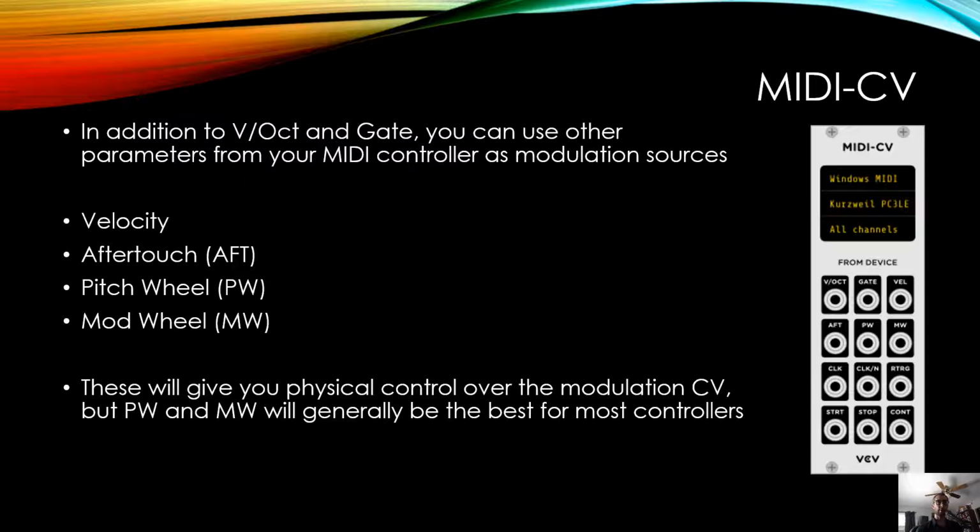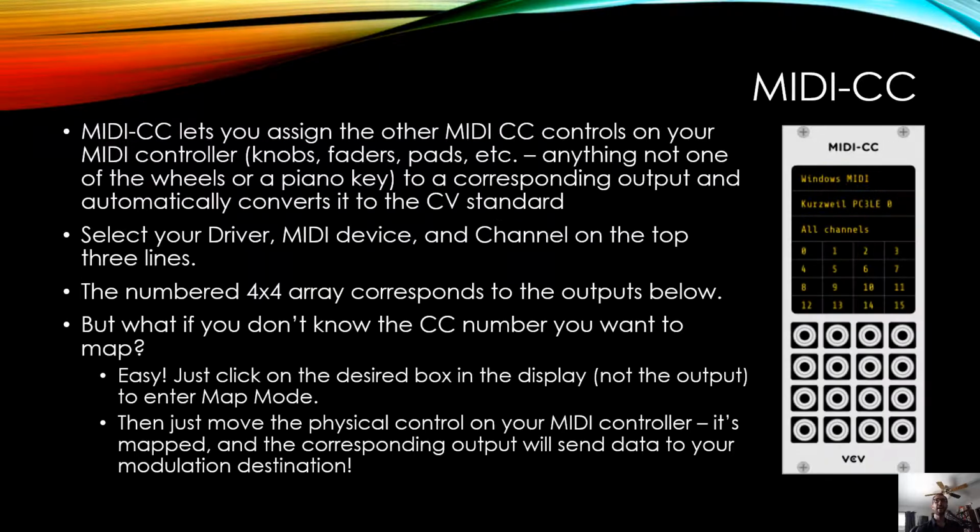That is, of course, assuming that you don't have a separate set of pads, faders, and knobs that you can map out. However, if you do, we have the MIDI-CC device, which lets you assign the other MIDI-CC controls on your keyboard, like the knobs, faders, pads, etc. Anything that's not one of the wheels or a piano key to a corresponding output, and automatically convert that to CV.